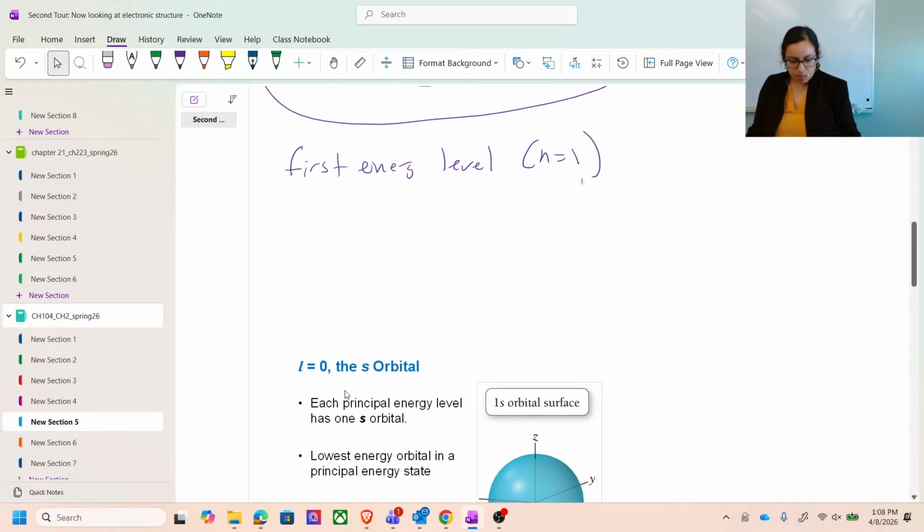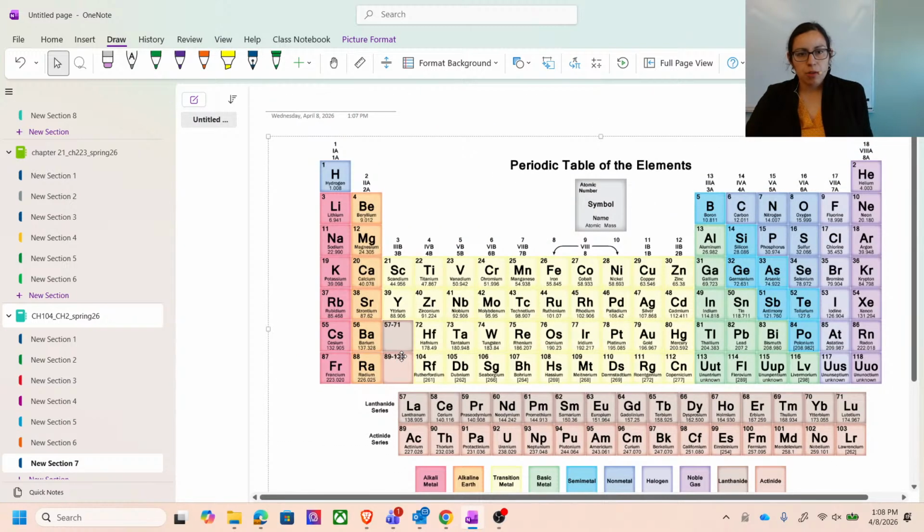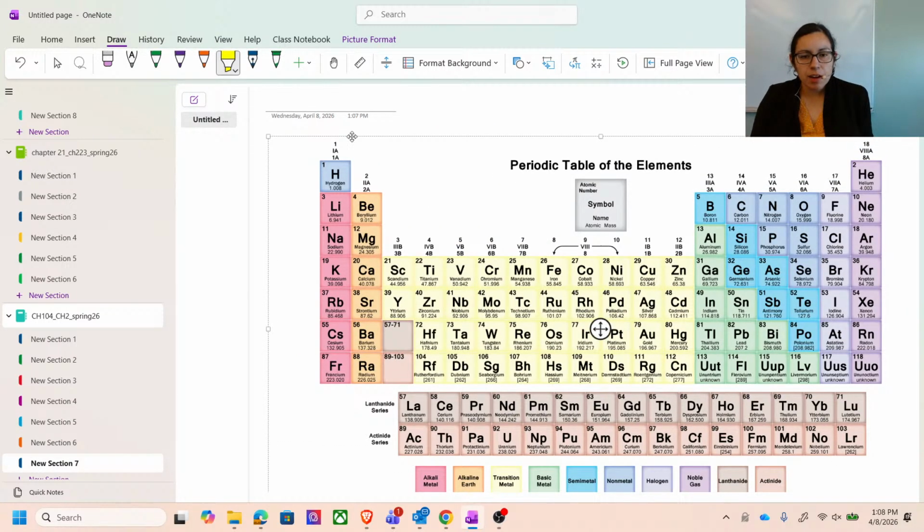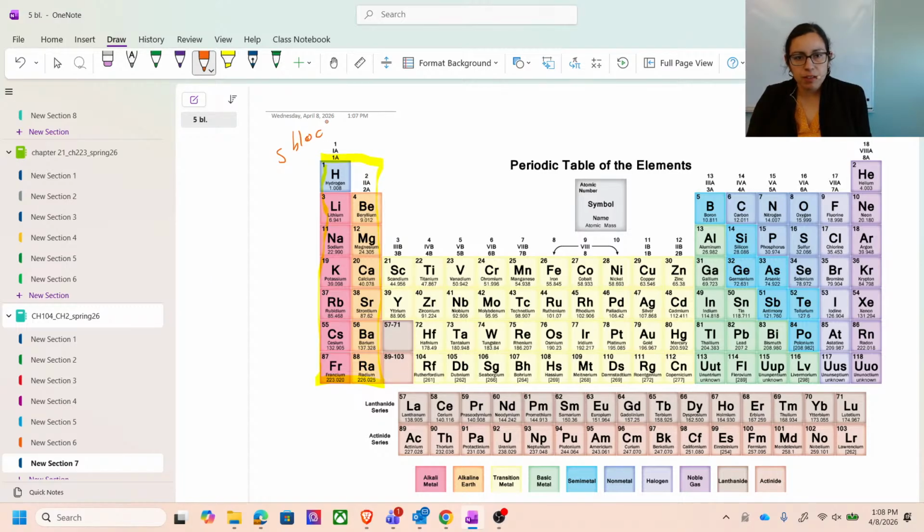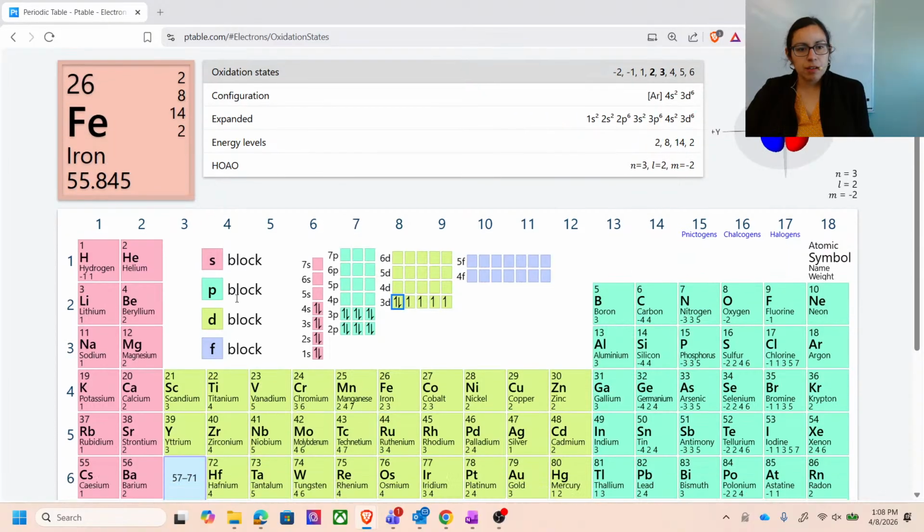All right. So we have our first energy level, and we might want to write that, so I might annotate it in this way. This is our S block over here. We'll get into that. Helium should of course also be in that S block. The P table shows that a little bit better.